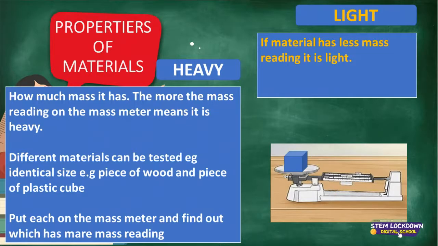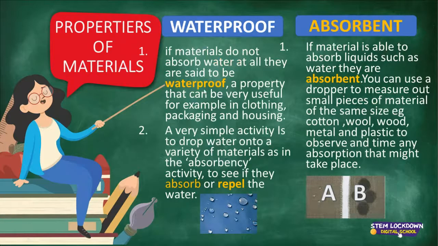Now, in this one, the important one for today, very important, waterproof and absorbent. On this one, we check whether the water can pass through that material or cannot pass through the material. So if the material does not absorb water at all, it is said to be waterproof.